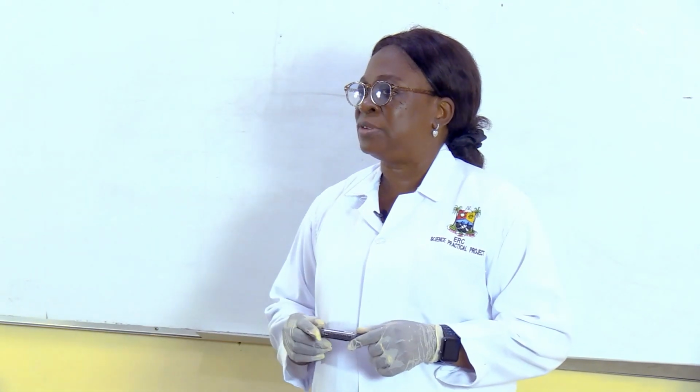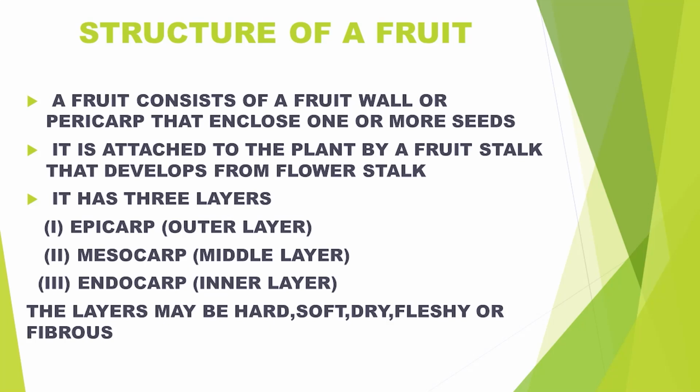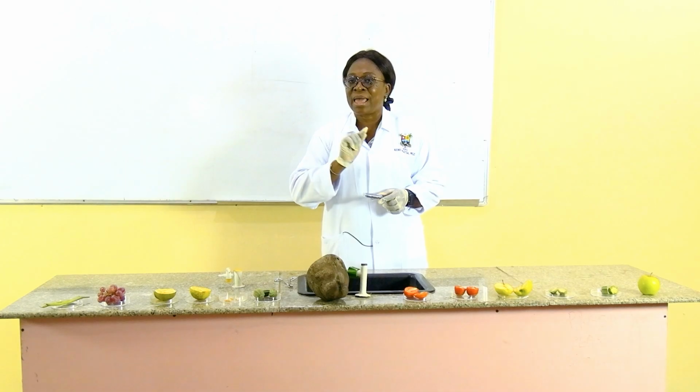A typical fruit has 3 layers. The first or the outermost layer is known as the epicarp. The second layer, which is the middle layer, is called mesocarp, while the innermost layer is known as the endocarp.